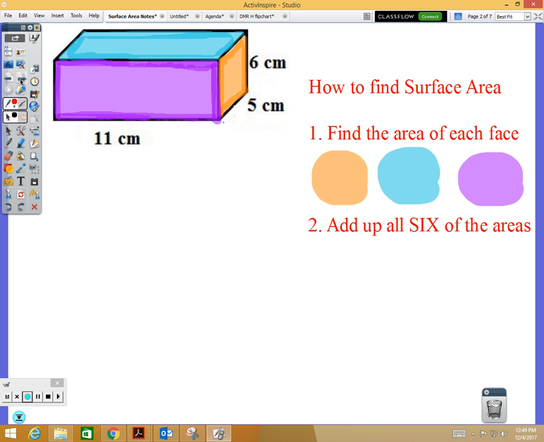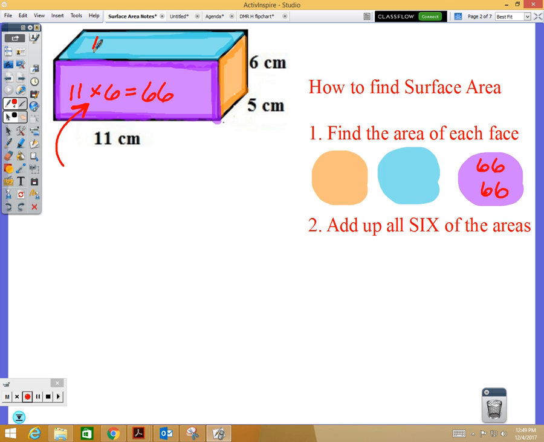So for instance, this purple face would be 11 times what? 6. What is 11 times 6? 66. So even though I could only see 1 purple face, which is the front of this shape, I know that the back of the shape is also the same. So 66 and 66. Let's do the top and the bottom.